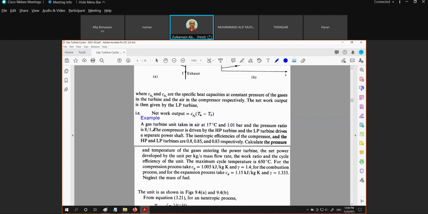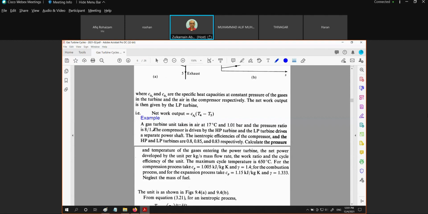The maximum cycle temperature is 650 degrees C, and take the Cp value and gamma value for air, and the Cp value and gamma value for the combustion gases. Neglect the mass of fuel. Of course, we also neglect the delta KE and also the delta PE.